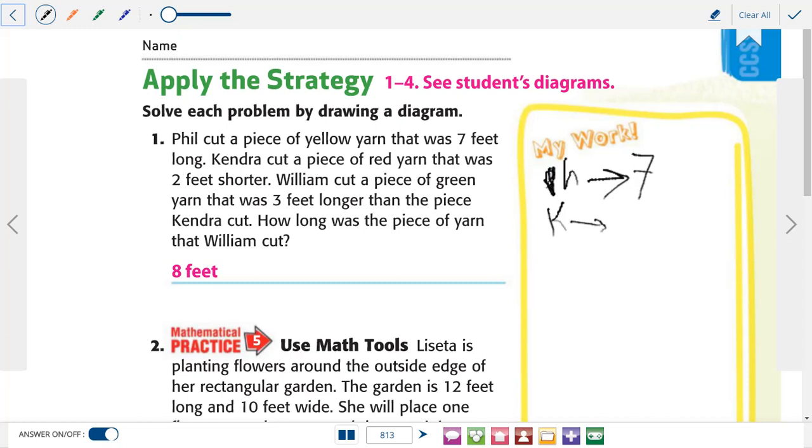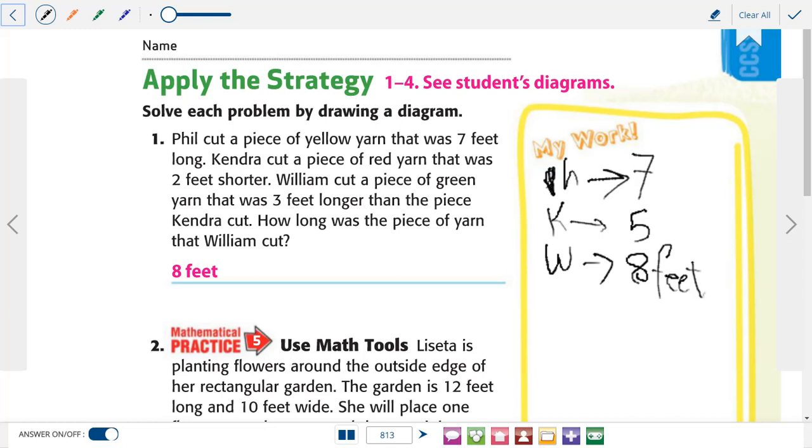Her piece was 2 feet shorter, so 7 minus 2 is 5. Now, William, I will write W instead of William. William cut a piece of green yarn that was 3 feet longer than Kendra's. So this is Kendra's piece. It was 5 feet. Add 3 to 5. It will be 8 feet. Okay, the unit is feet, not inch.